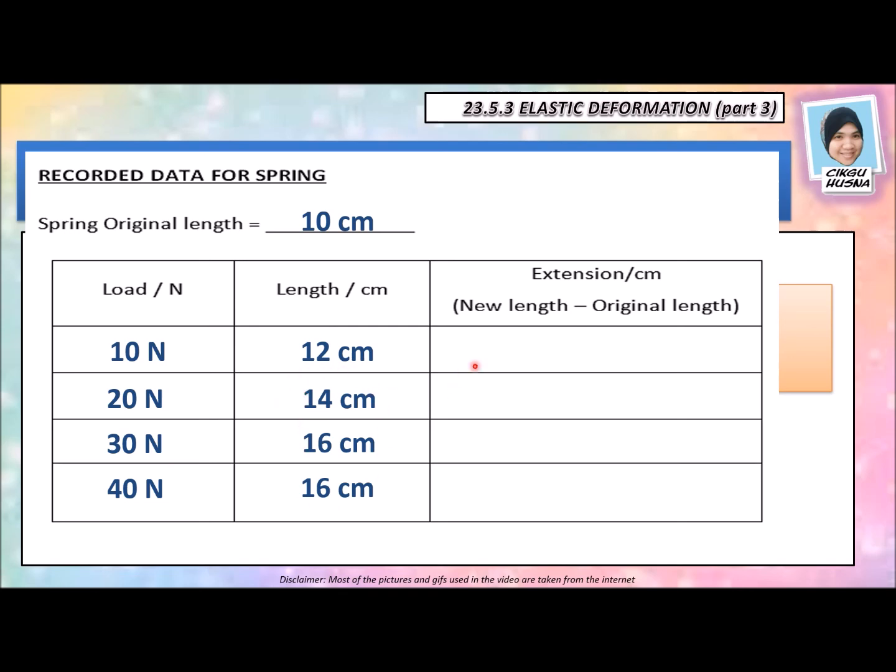So here, you will get 2 cm because 12 cm minus 10 cm gives you 2 cm. And here you will get 4 cm because 14 cm minus 10 cm will give you 4 cm. And next is 6 cm: new length 16 cm minus original length 10 cm will give you 6 cm.